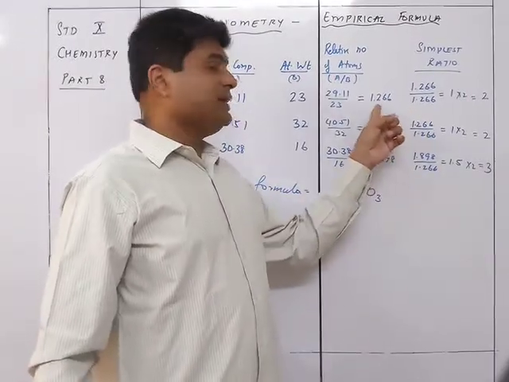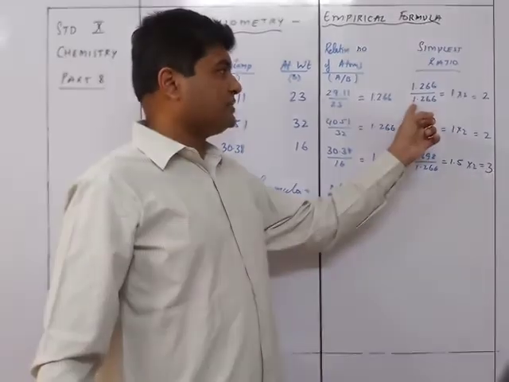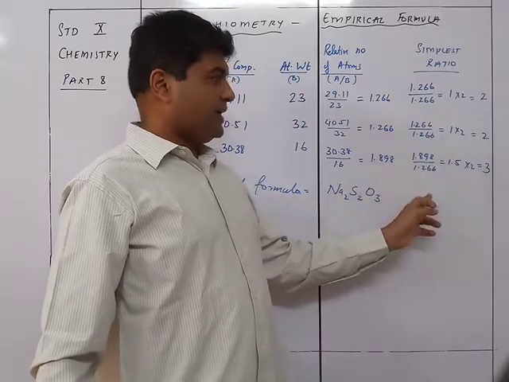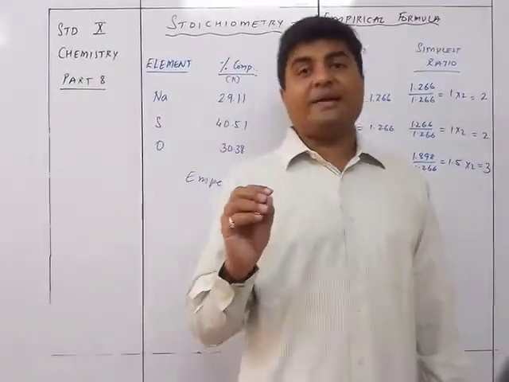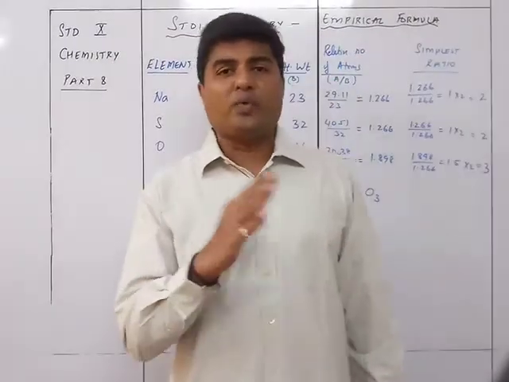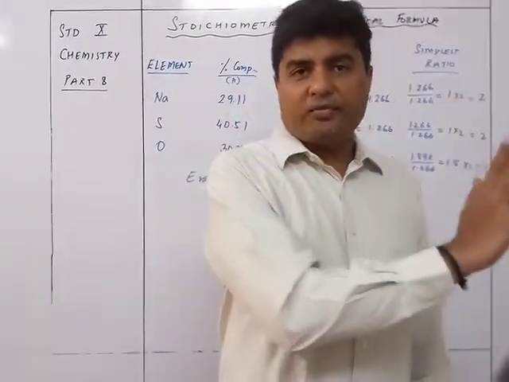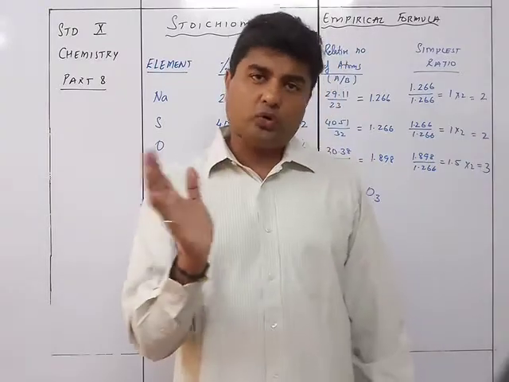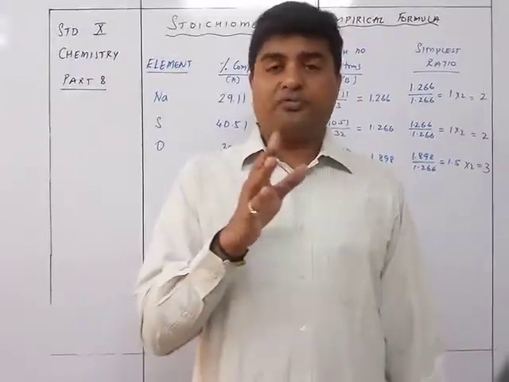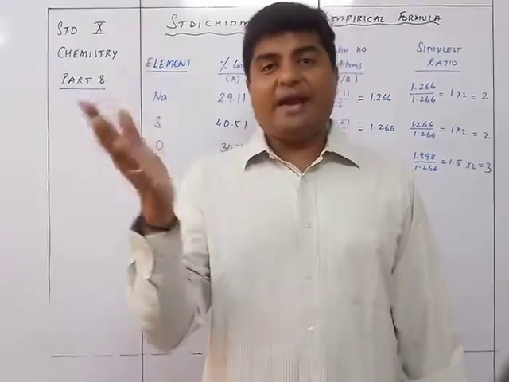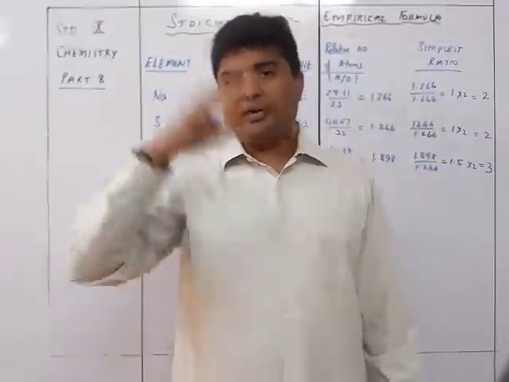The lowest number of the three is 1.266, so 1.266 upon 1.266, and the same way for the others. The answer you get will be some number. If it is around 1.1 or 1.2, you round it off to 1. If it is around 2.1, you round it off to 2. If it is around 0.8 or 0.9, you round it to the next level.